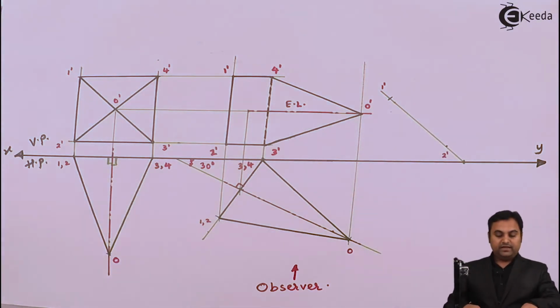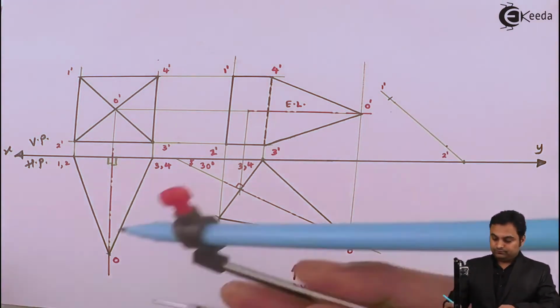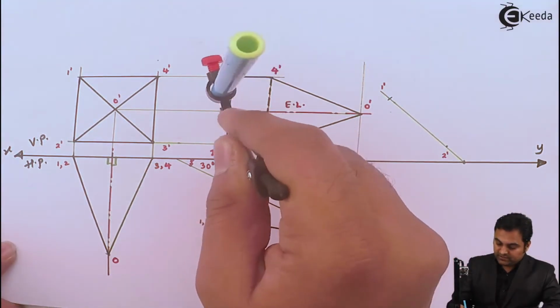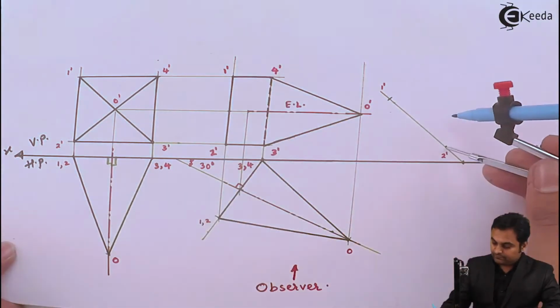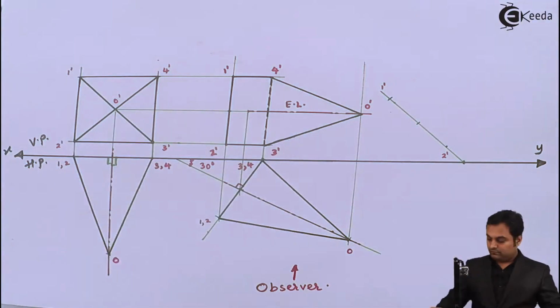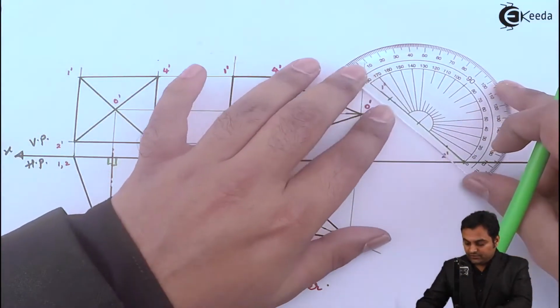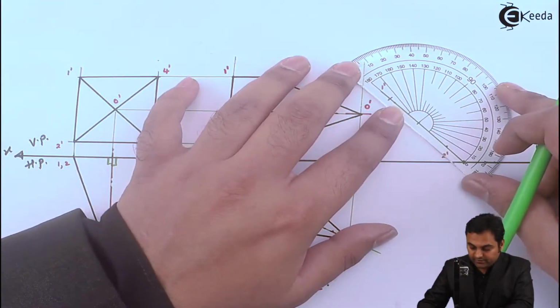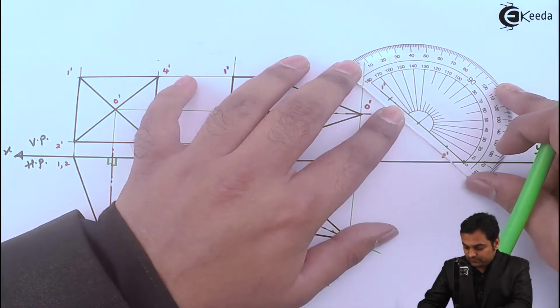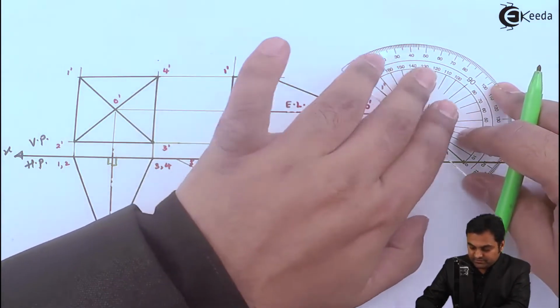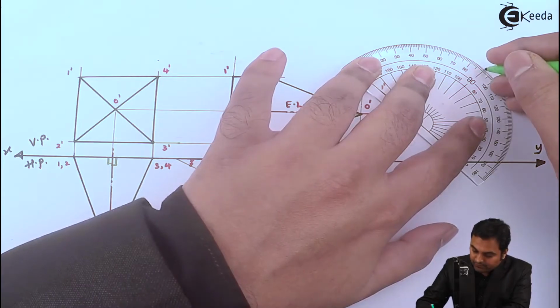Now I'll mark the axis over it exactly at half. From here I am going to draw a 90-degree line inclined to the base. It is a perpendicular line.